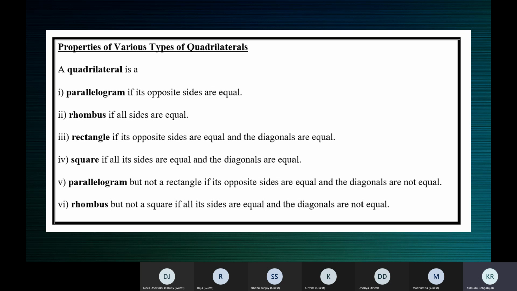These are the only four terms used throughout here: equal, not equal, sides, maybe opposite sides or all sides, and diagonals. You can differentiate the quadrilaterals using these terms, based on the sides, based on the diagonals, using the terms equal and not equal.